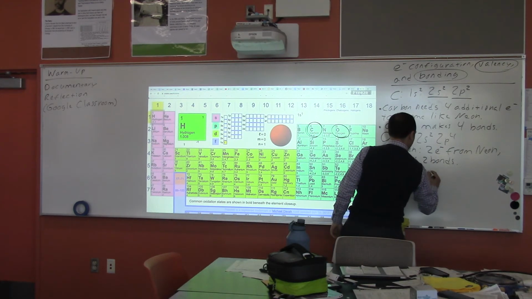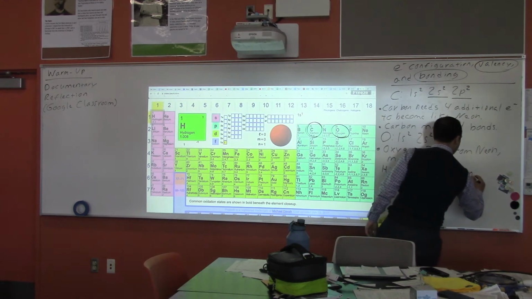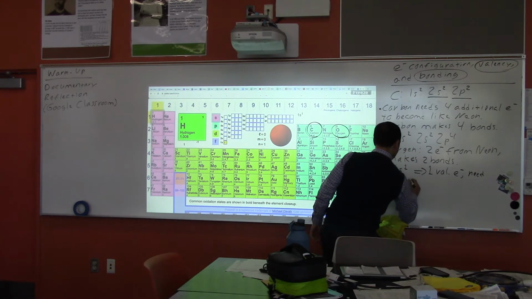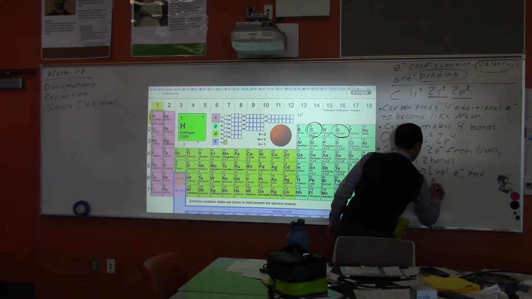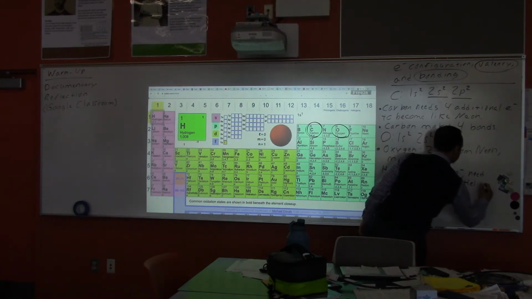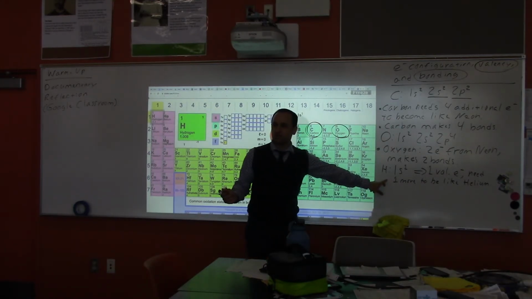So hydrogen, right? This guy has 1 valence electron, and it needs 1 more to be like helium. Okay, so how many bonds is hydrogen going to make, scholars? 1.